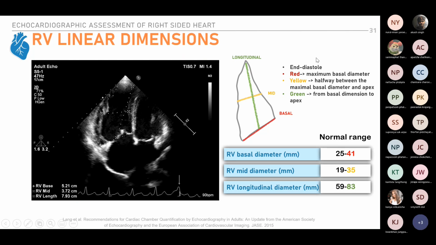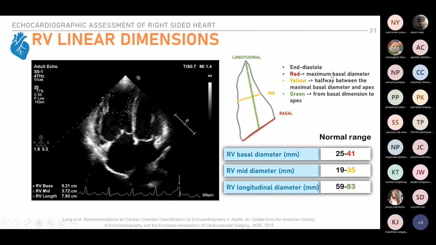How to measure RV dimension? RV dimension is measured in end-diastole. RV basal should be measured at the maximum basal diameter of the RV, from the RV free wall to the interventricular septum. To measure RV mid diameter, you should divide the RV into two equal parts, and the RV mid diameter is measured at the line which divides the RV into equal parts.